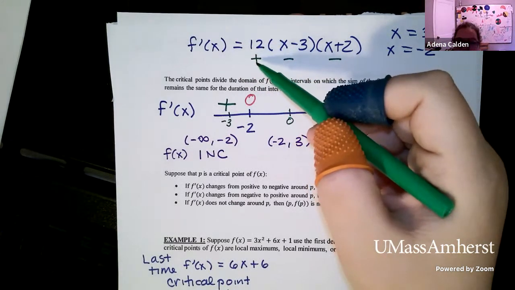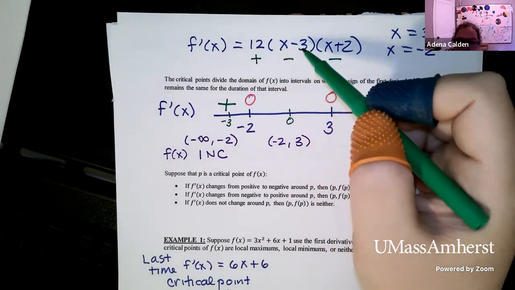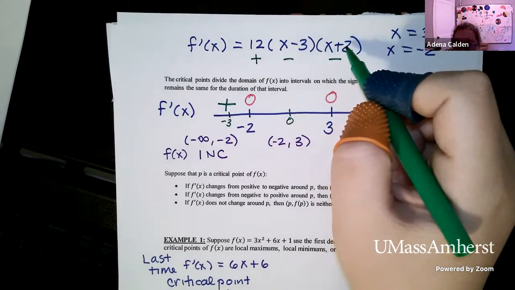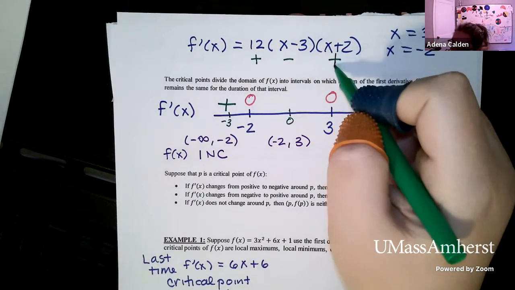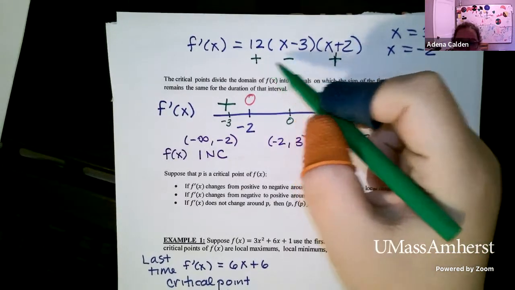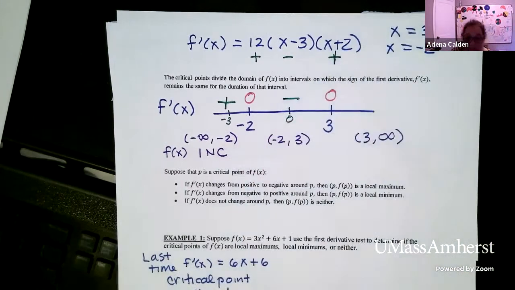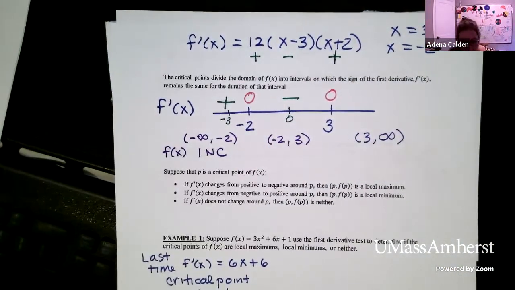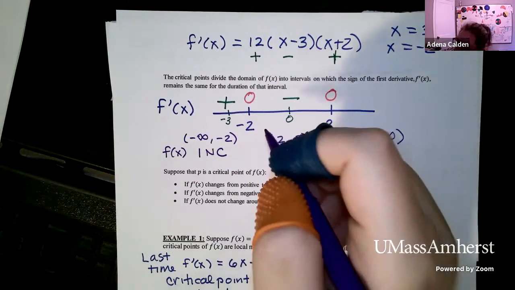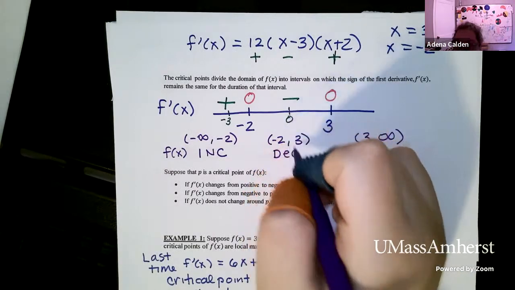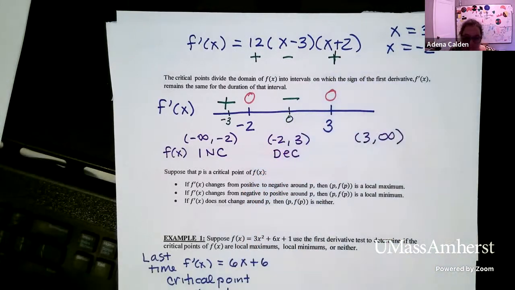So 12 is always positive. 0 minus 3 is -3, so negative. 0 plus 2 is +2, so that's positive. So positive times negative times positive is negative, right? So that tells me that the original function must be decreasing on this interval because the derivative is negative.